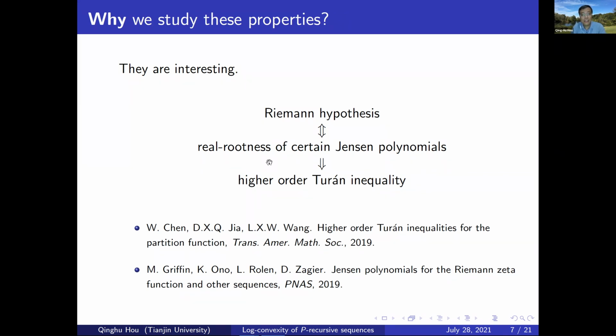And real-rootedness implies the higher order Turan inequality. See these 2 papers. In fact, first Bui-Chen proved that the partition function satisfies higher order Turan inequalities, and this led to the next paper, which connects the real-rootedness, the Jensen polynomial, and the Riemann hypothesis.